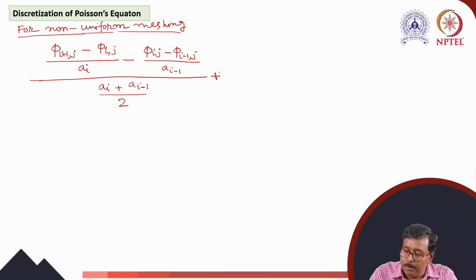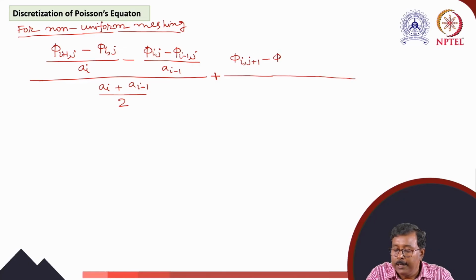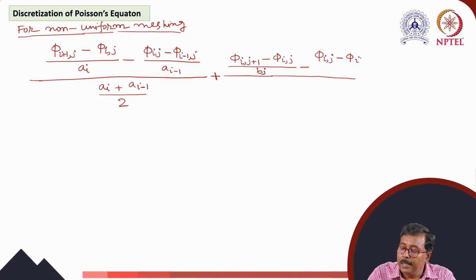The same way we have to write: phi i,j+1, the change in the j direction, minus phi i,j, divided by b_j, minus phi i,j minus phi i,j-1, divided by b_j-1.